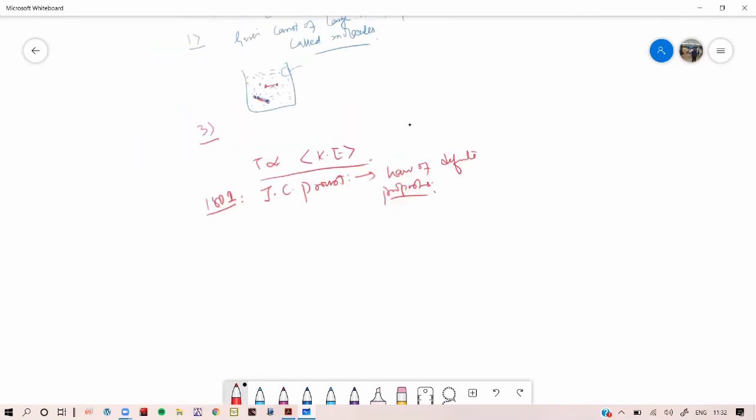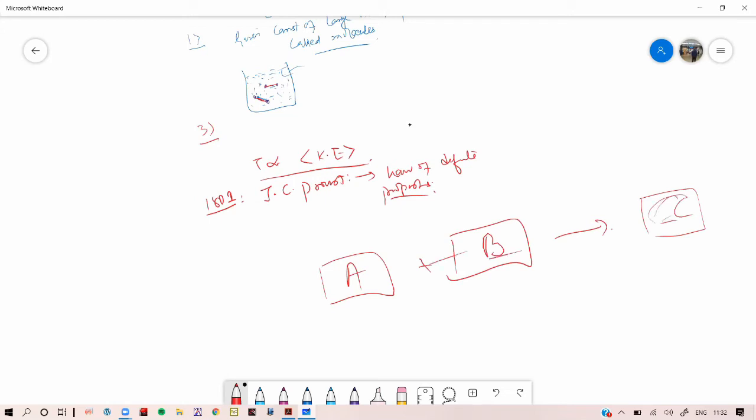What I am saying is that if we have gas A and gas B, it gives some C here. This C has properties which are different from A and B, and this C contains a definite proportion of A and B, and the number of particles will be in terms of integers.